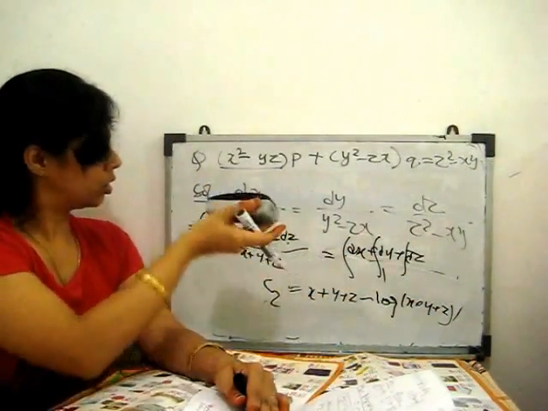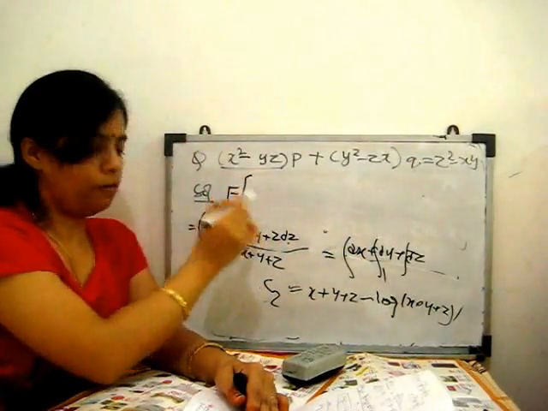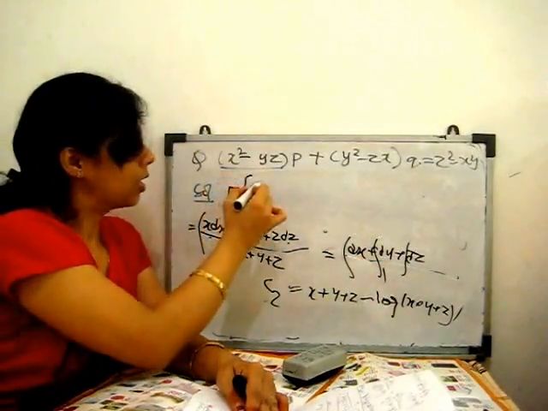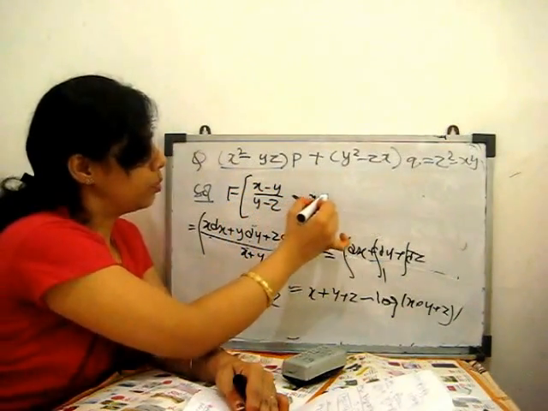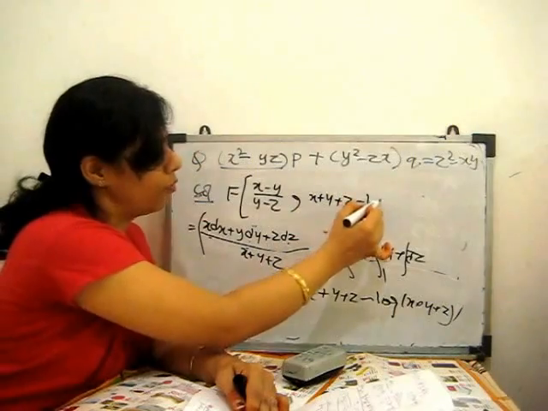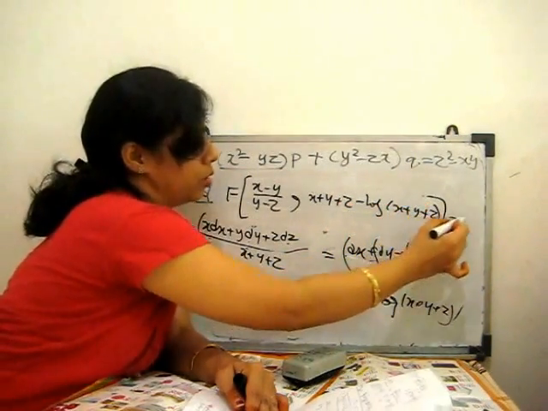This is our second constant. So what is our solution of the given equation? F of, first c1 is x minus y upon y minus z, second is x plus y plus z minus log of x plus y plus z, equal to 0.